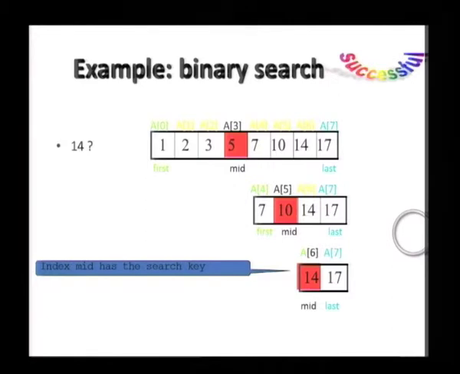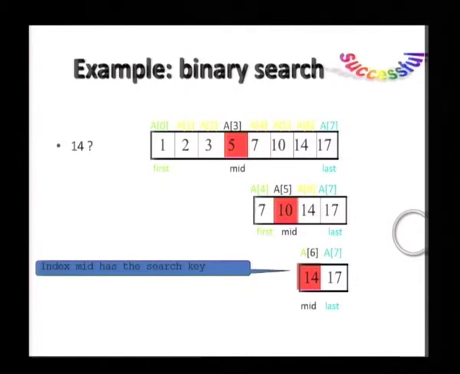So, let us go through this example of binary search, where the array has 8 elements in ascending order and the search key is 14. 14 is present at array index 6, and one can see the conditions under which the algorithm exits. The first value that is searched is the array index 3, which is 0 plus 7 divided by 2, and the floor of it gives you the value 3.